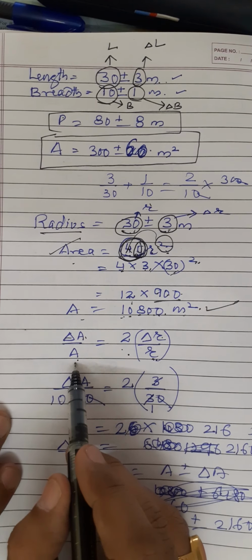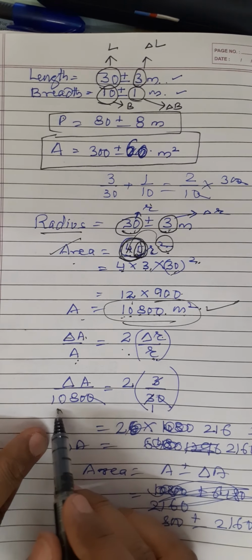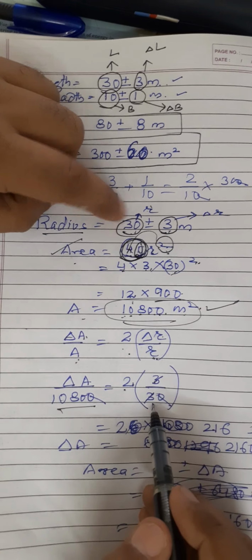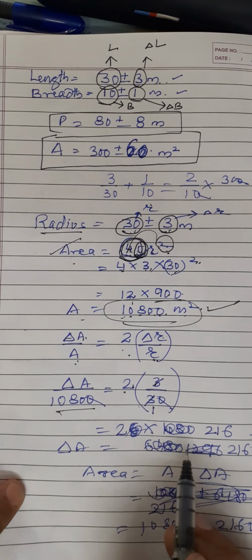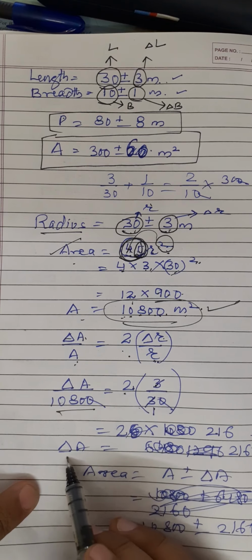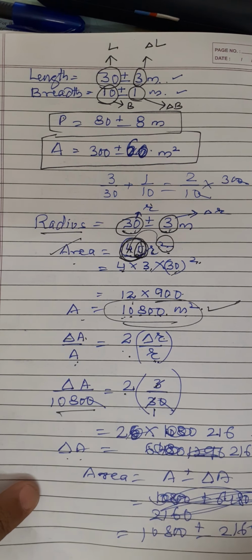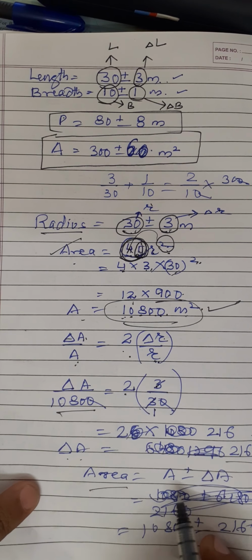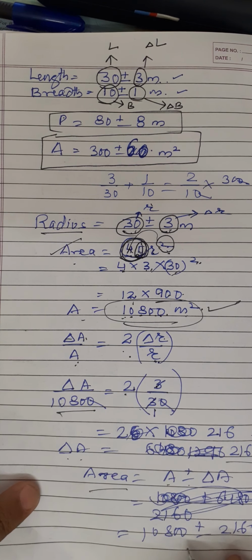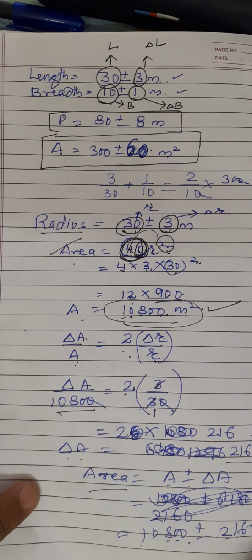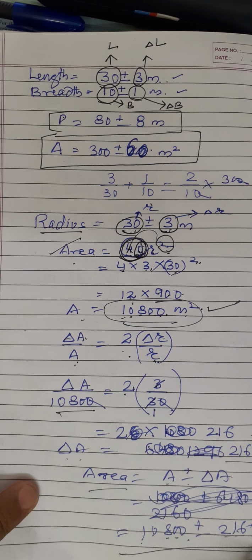So delta A is this much. We will put in the values over here, 2, delta r is 3 and r is 30. Clear? Cancel out the common factors. You are left with delta A comes to be 2160. Therefore, the area will be A plus minus delta A, that will be 10800 plus minus 2160. That will be the area of the sphere.